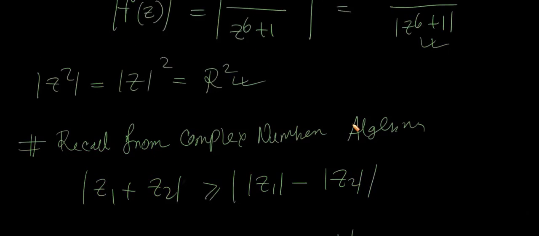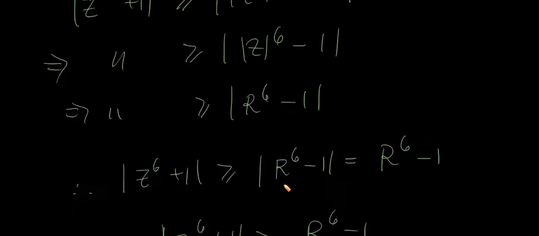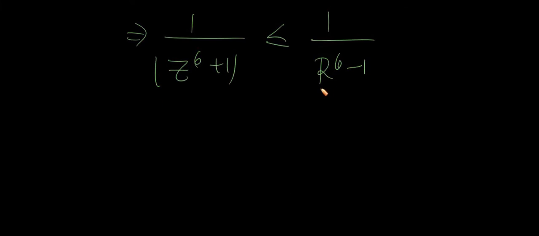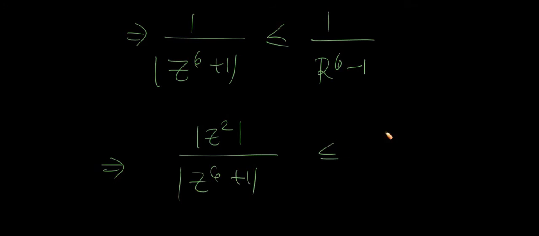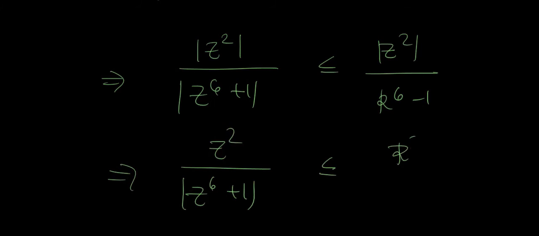And to get the function that we were originally dealing with, that is z squared divided by z to the power 6 plus 1, you just need to multiply with the modulus of z squared, right? But modulus of z squared was what? r squared. So in the next line you can write it as modulus of z squared over z to the power 6 plus 1 less or equal than r squared over r to the power 6 minus 1.